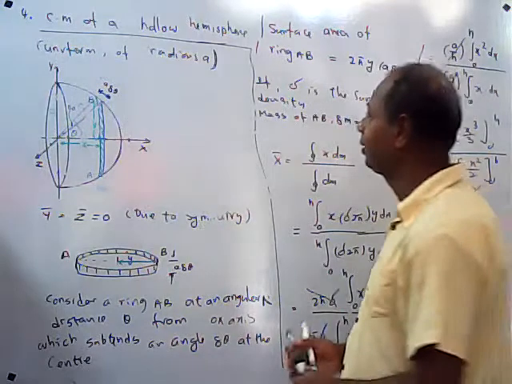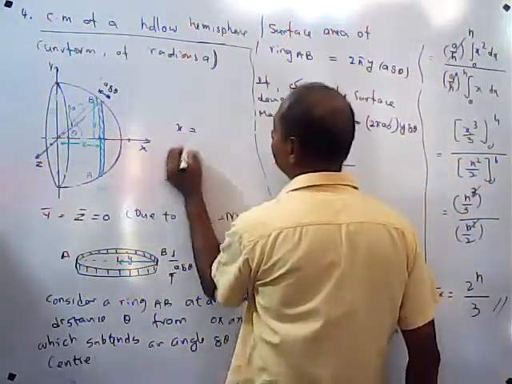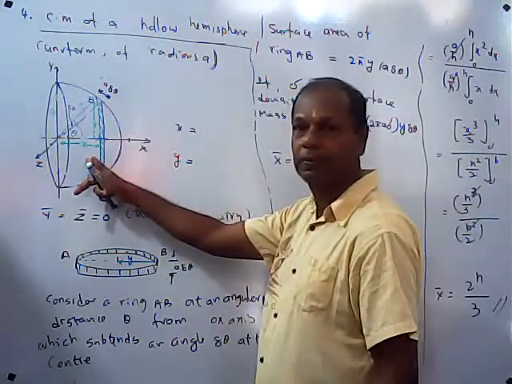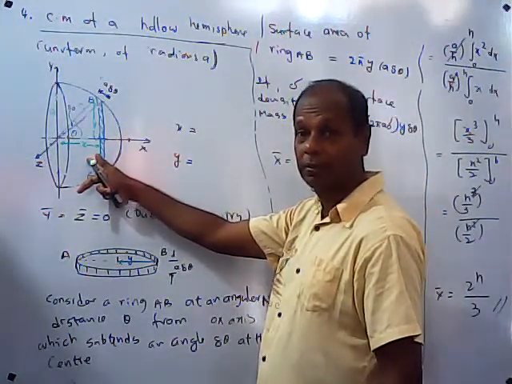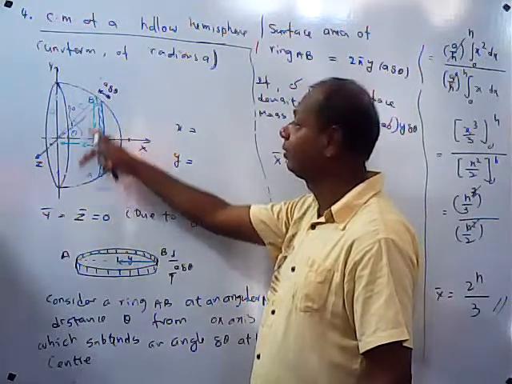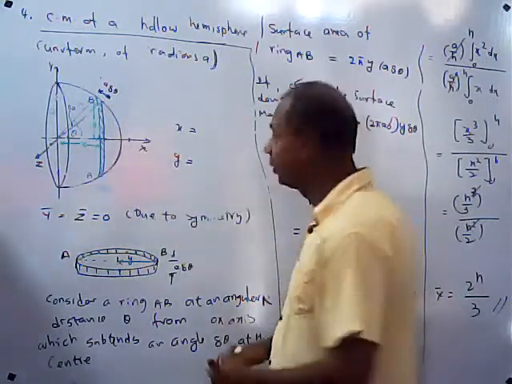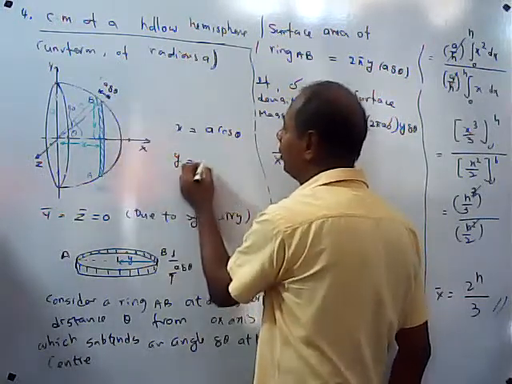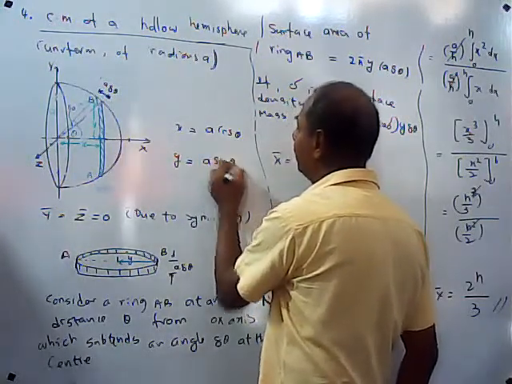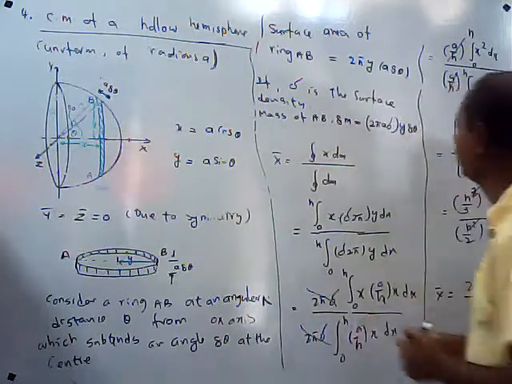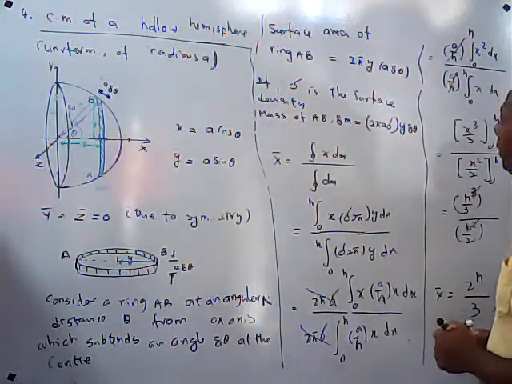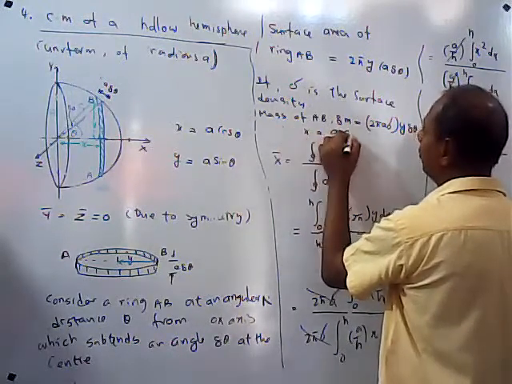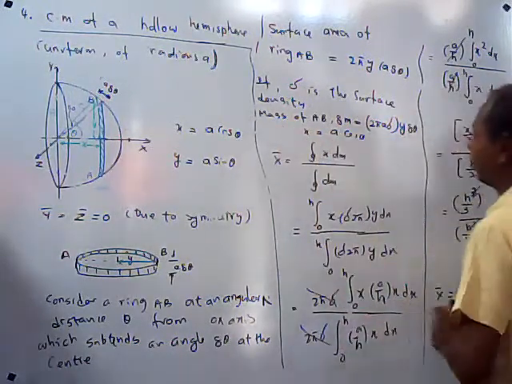So what is x, what is y in terms of theta? x equals a cos theta. y equals a sin theta. Right? Method of common arm. So x is this, equals a cos theta. Then you have to substitute.